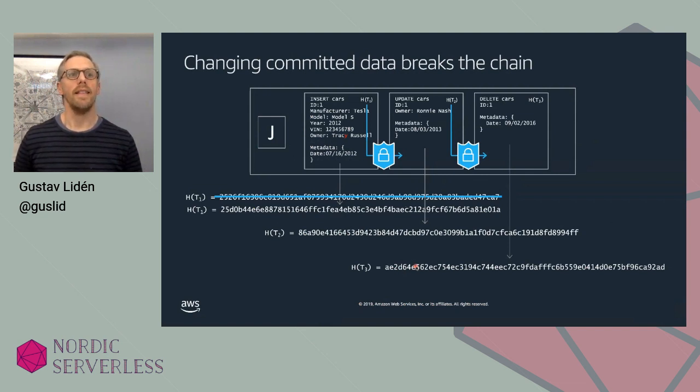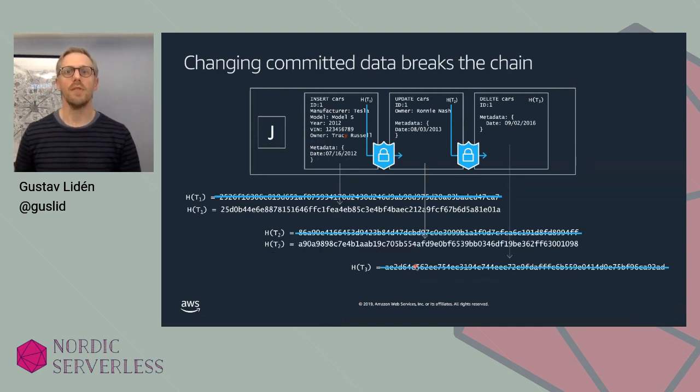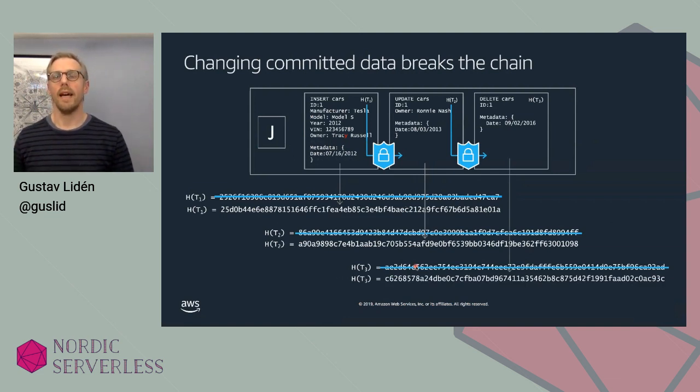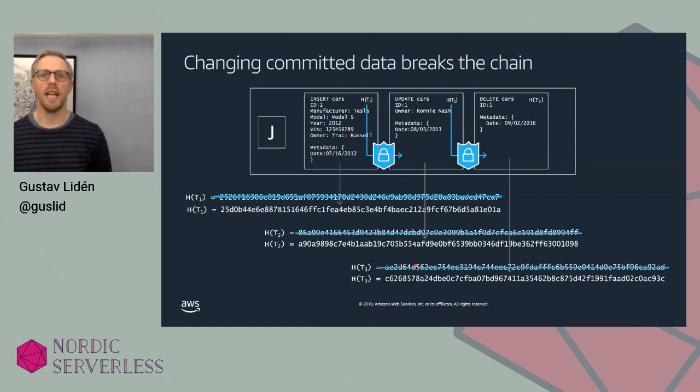Had that been the original data, the hash for the second entry would have been different, and the hash for the third entry would have been different. So given that you have exported a digest from the ledger, you can compare, and if they match, no data has been changed. But should anything have changed, you will be able to detect that.